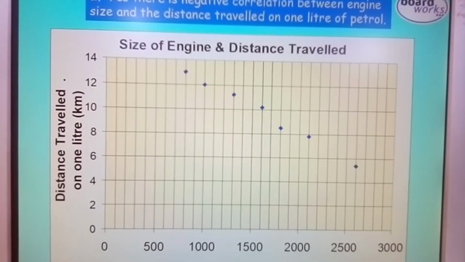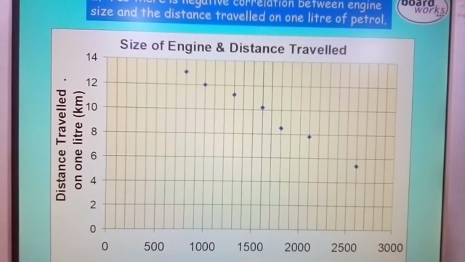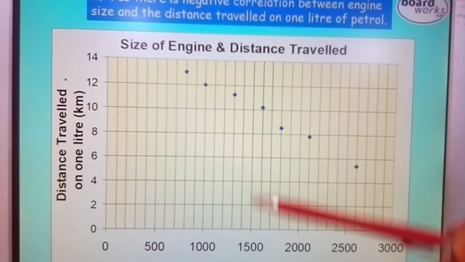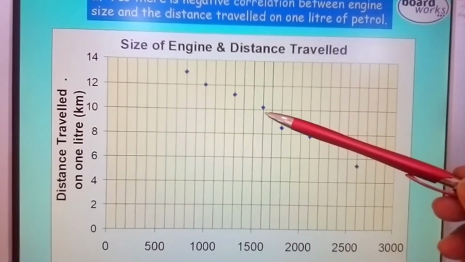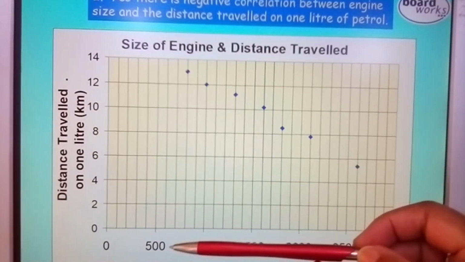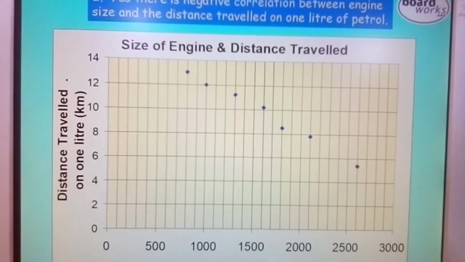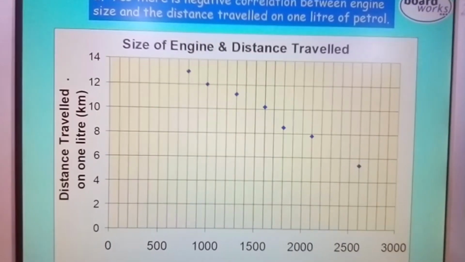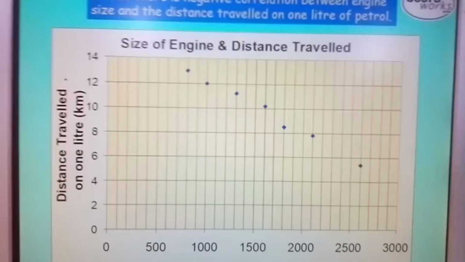Distance traveled: 1,500, none. 1,600 would travel 10 kilometers. So the smaller CC engine has traveled the furthest in this case, based on that information, but I'm still a little bit dubious.